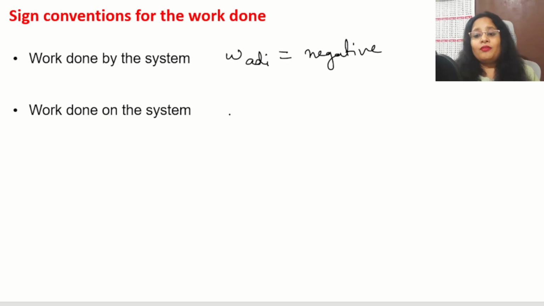Now, if the work is done on the system, W adiabatic will be positive, because the system's energy will increase, so the internal energy will also increase. Increase means gain, which is always positive. Make sure you understand the sign convention. It is used in the numericals.